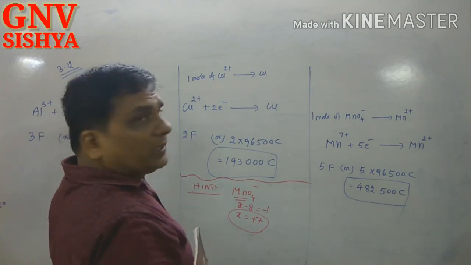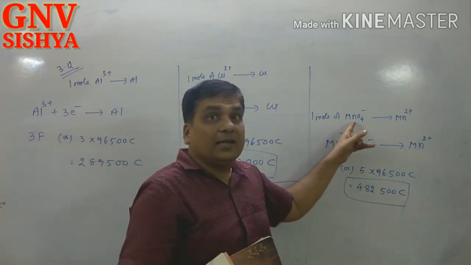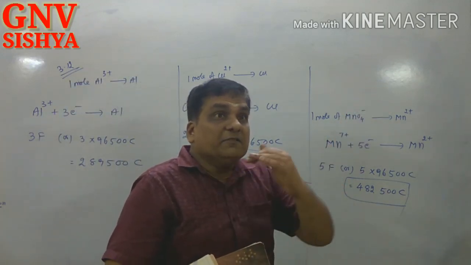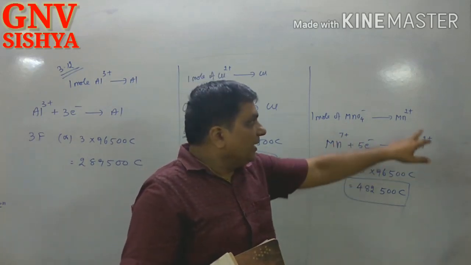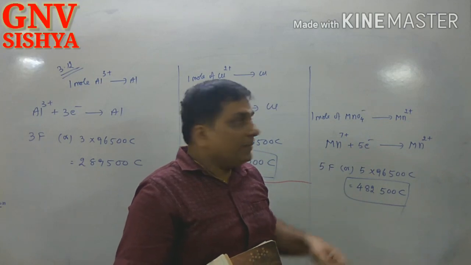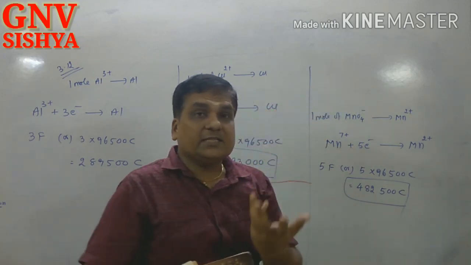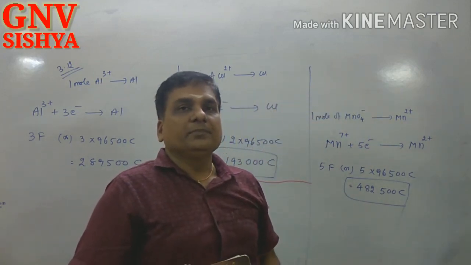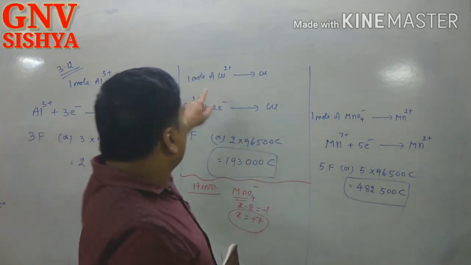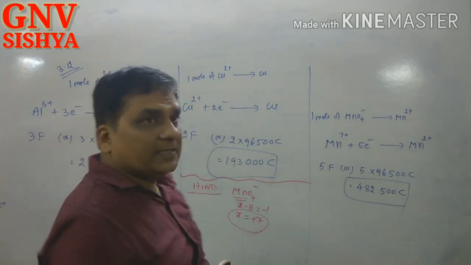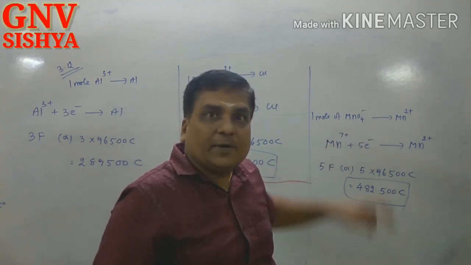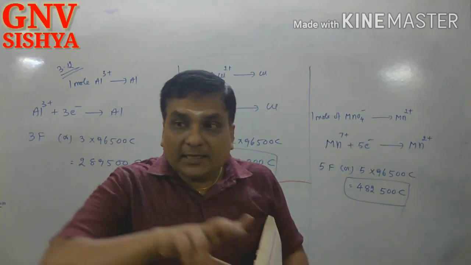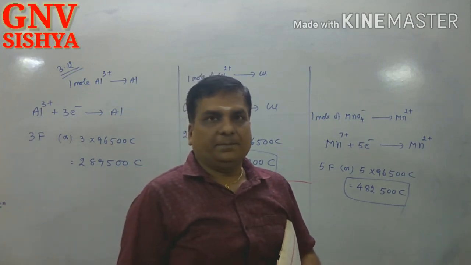Here this is also monatomic, but MnO4- is a polyatomic ion, where manganese is undergoing change. They said manganese 2+, but what is the oxidation state of manganese? We do not know, because it is polyatomic, unlike copper 2+ and aluminium 3+, which are monatomic. MnO4- is in combination with oxygen.